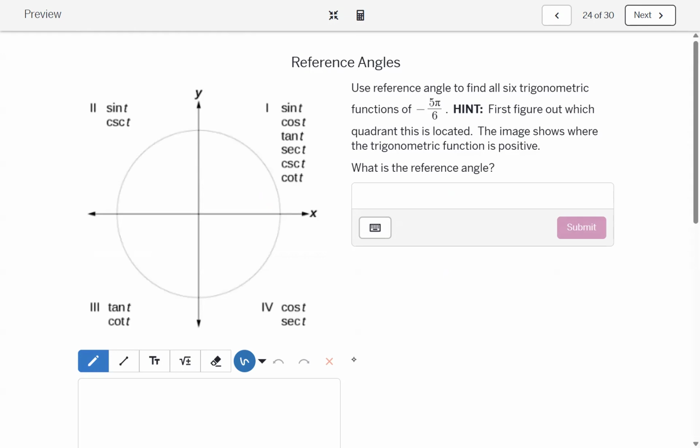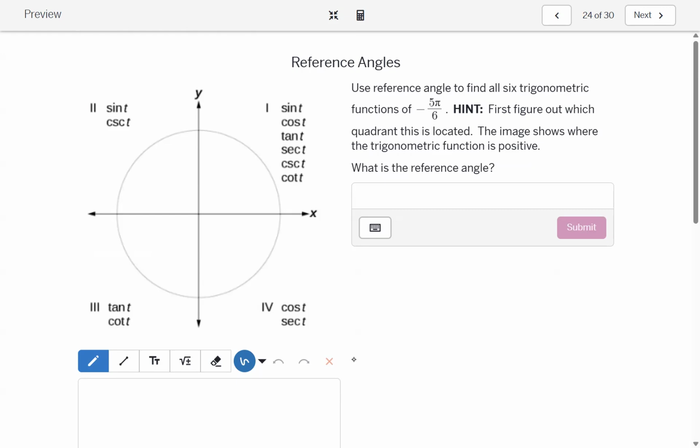All right, so here we're going to make use of some reference angles. They've given us an angle of -5 pi over 6. First we want to figure out where that is. Our picture over here on the left is listing where each of the trig functions are positive.